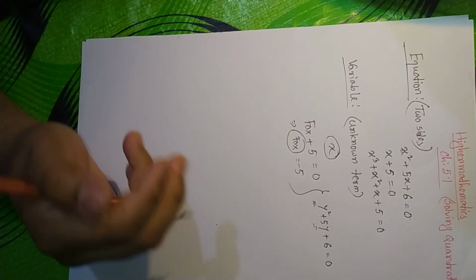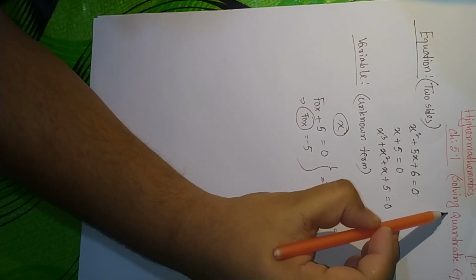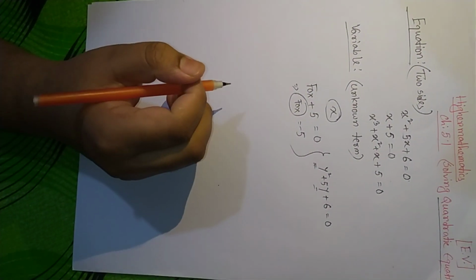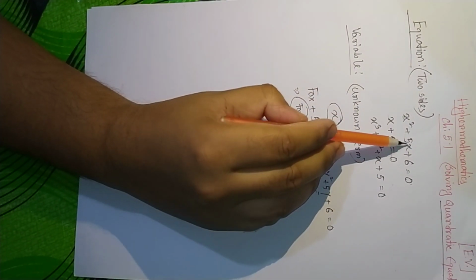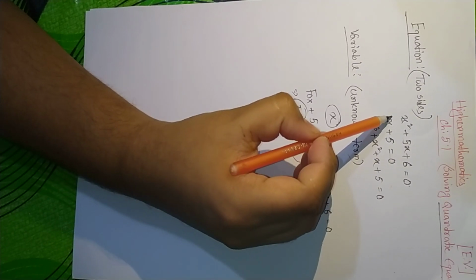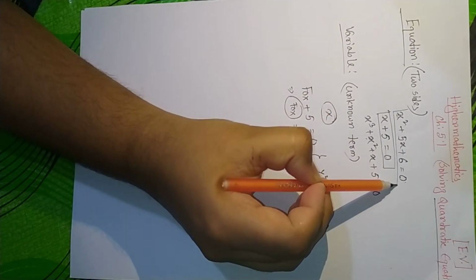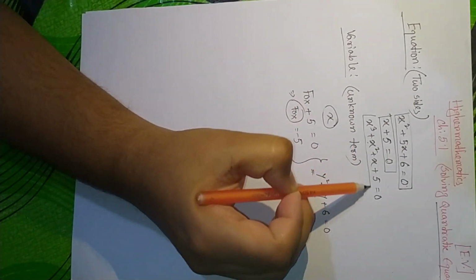Then maybe you have a question: what actually is a quadratic equation? We know equations have degrees. Suppose this is an equation having 1 degree, this is an equation having 2 degree, this is an equation having 3 degree.